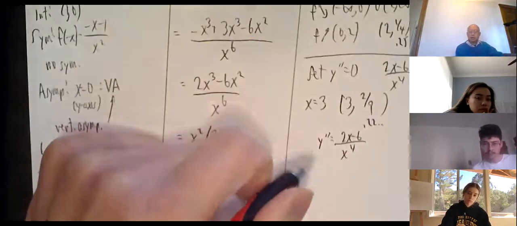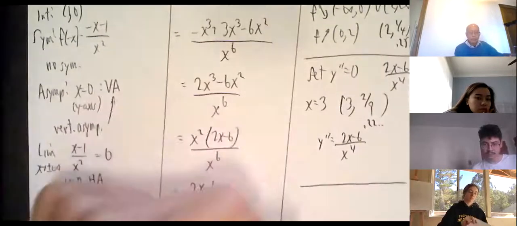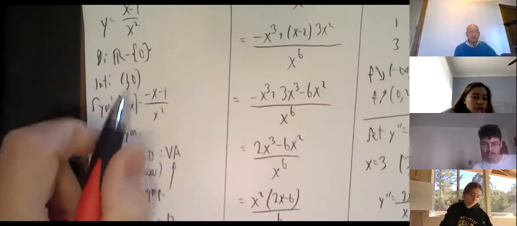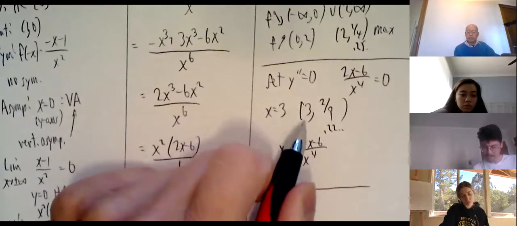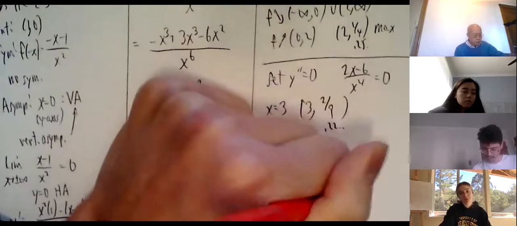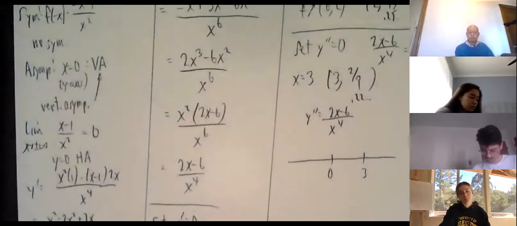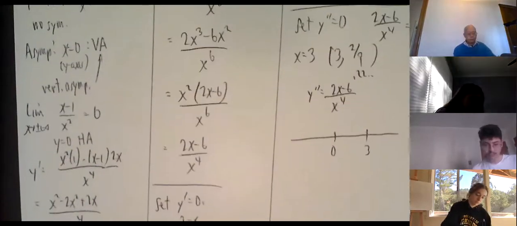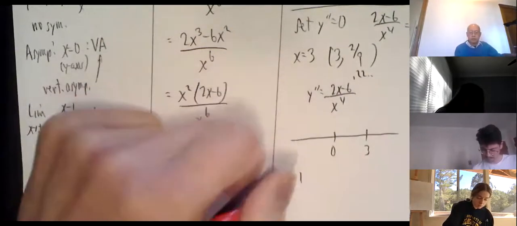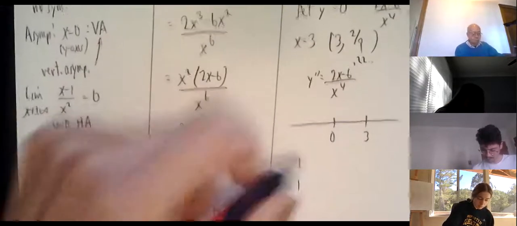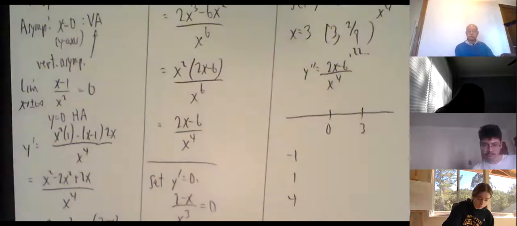Do my sign chart for y double prime. Undefined at 0. We already know that. And where do we get the second derivative to be 0? At 3. Okay, negative 1, 1, 4.